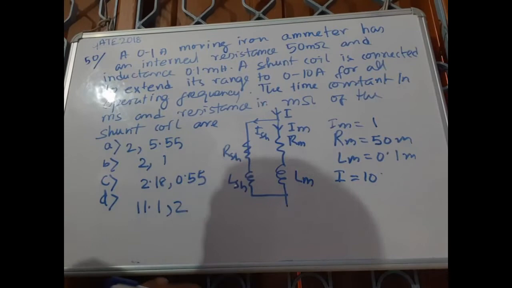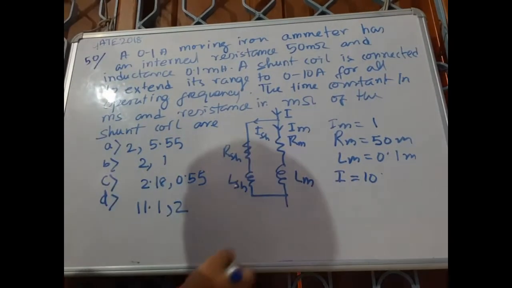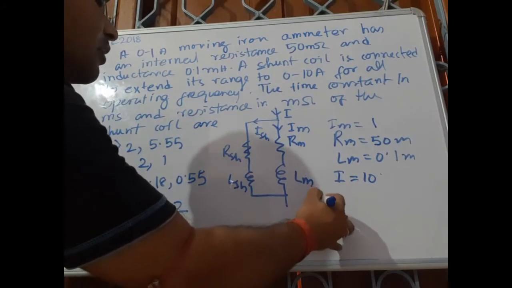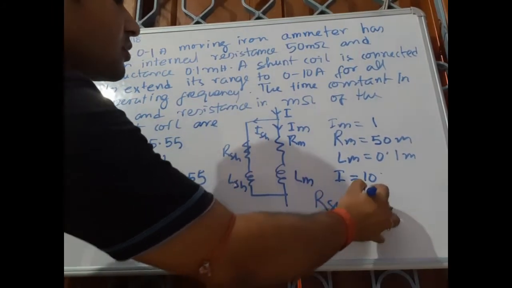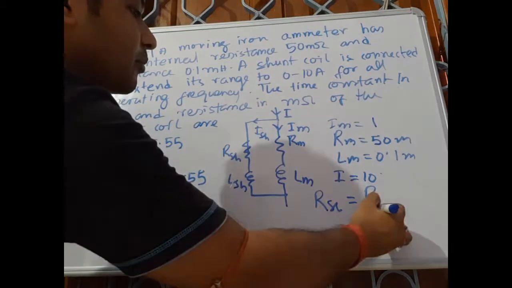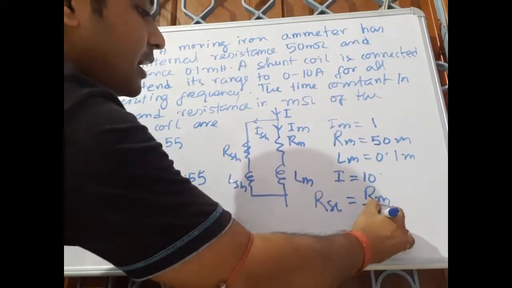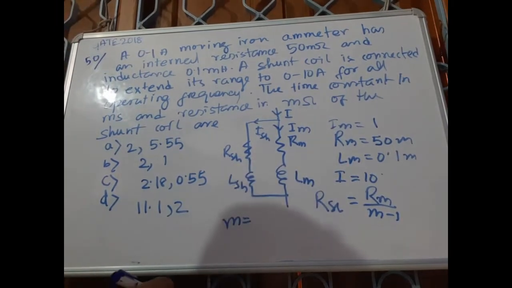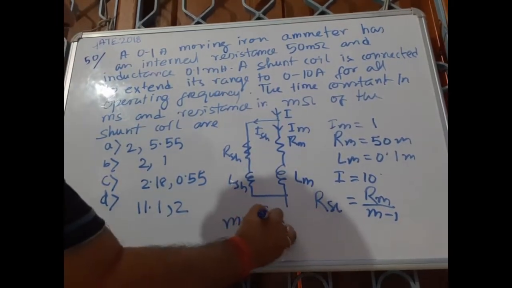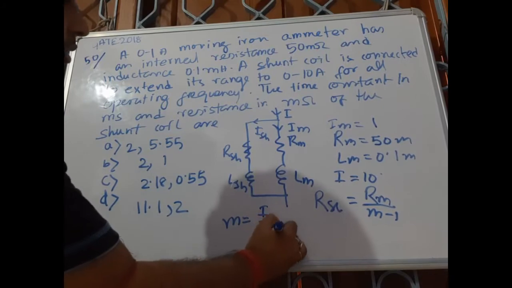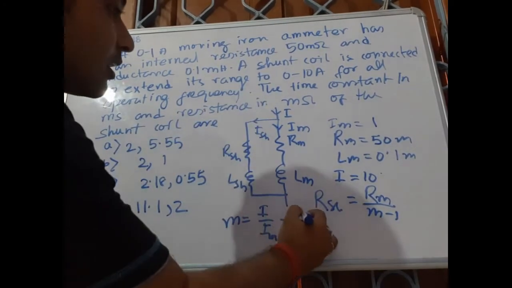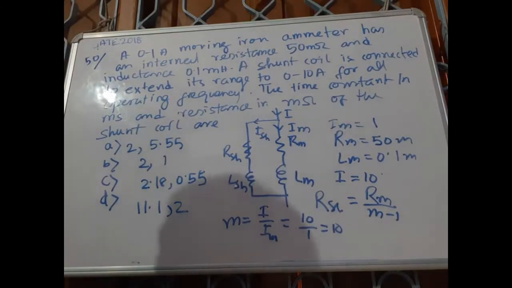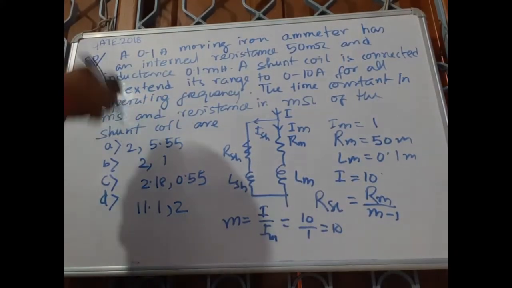Now, if you recall the previous tutorial, Rsh is equal to Rm divided by m minus 1, where m is equal to I by Im. So I means 10 divided by 1, and that is equal to 10.